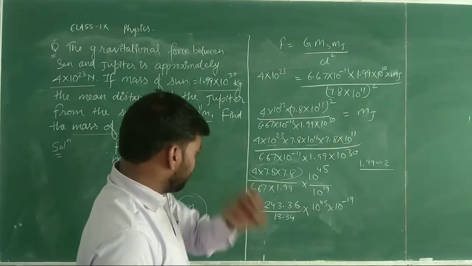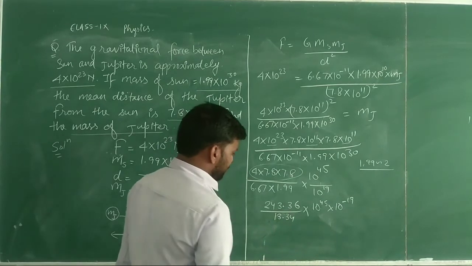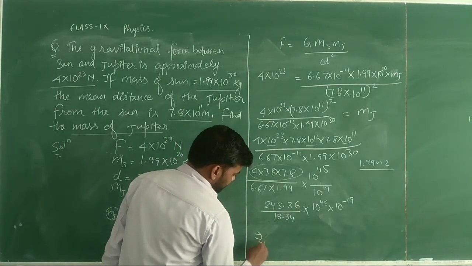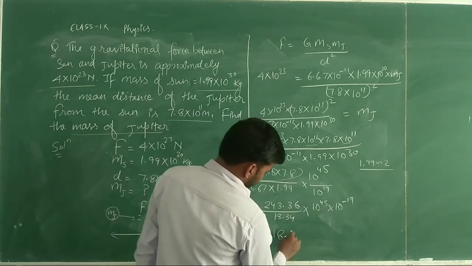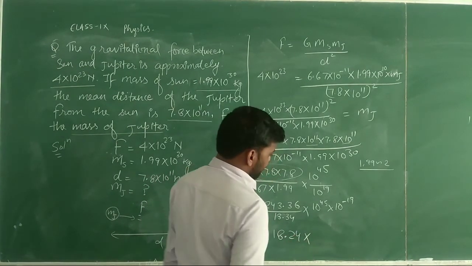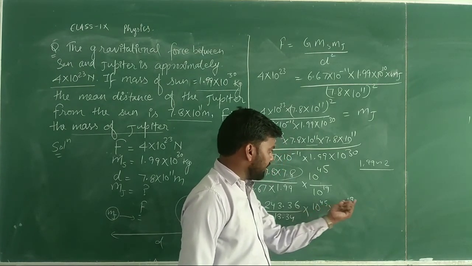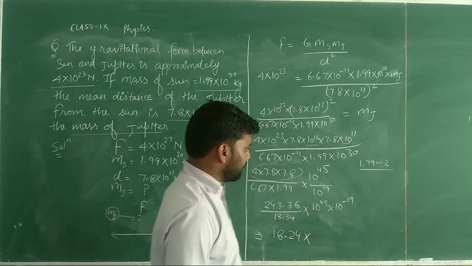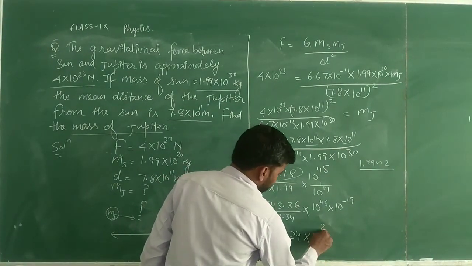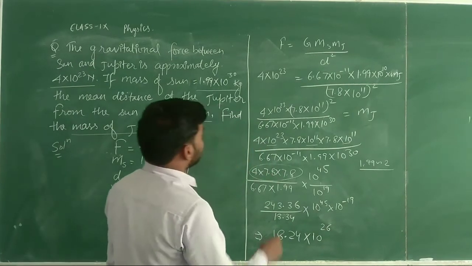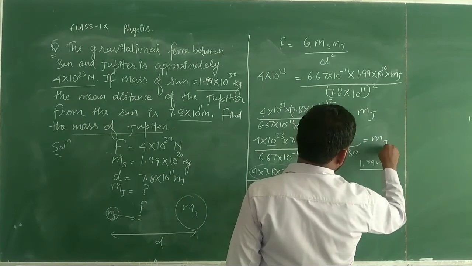When you divide 243.36 by 13.34, you will get a result that is 18.24, multiplied by, here the base is the same, so we will subtract 19 from 45. What will we get here? We will get 26.